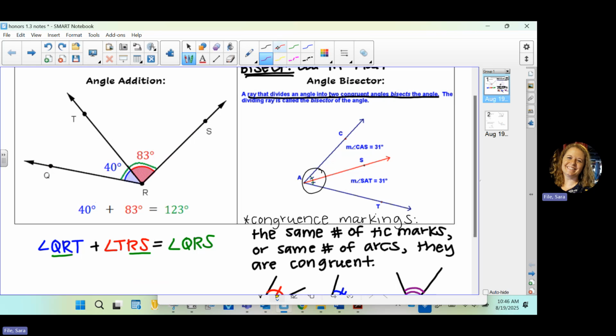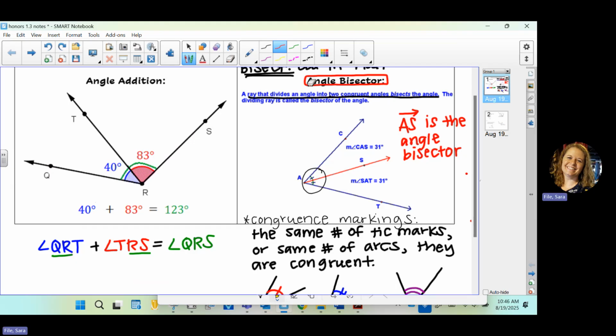If you want to add that to the side, you can. I'm going to say ray AS is the angle bisector.